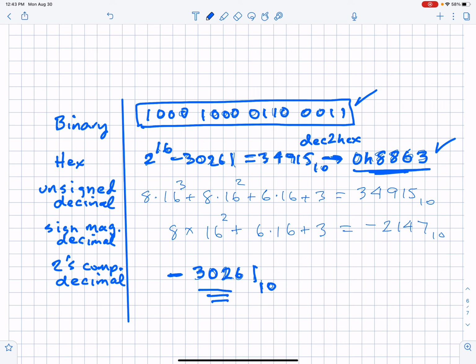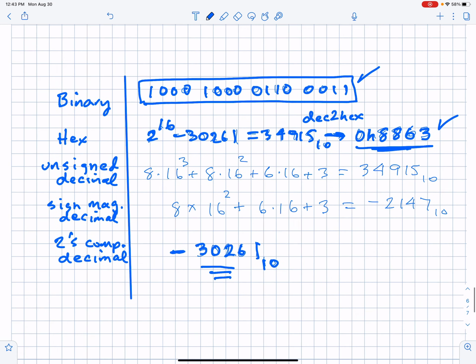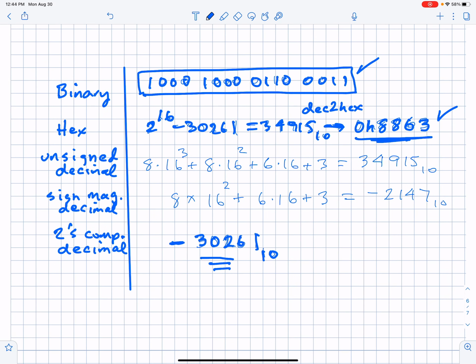All right. So a couple of things checked off the box here. All right, next, if I wanted to do sign magnitude, I can then start looking at the binary value here to see what the sign bit should be. Because that's a 1, I know this should be a negative number. And then I take the rest of the binary number and take that to be the magnitude. Okay, so from there, what I see is I get the 1000, the 8, oops, that's the wrong line, the 8 times 16 squared, right?